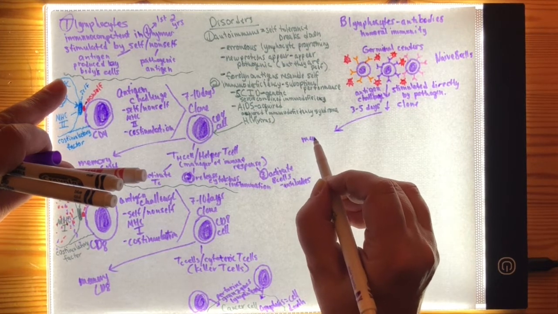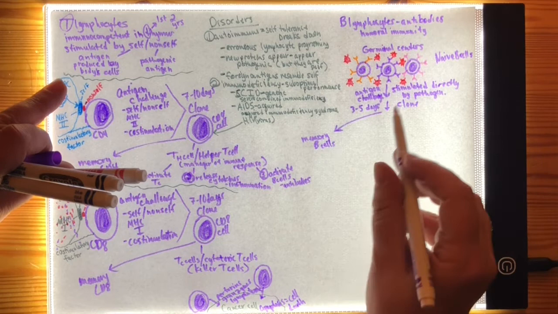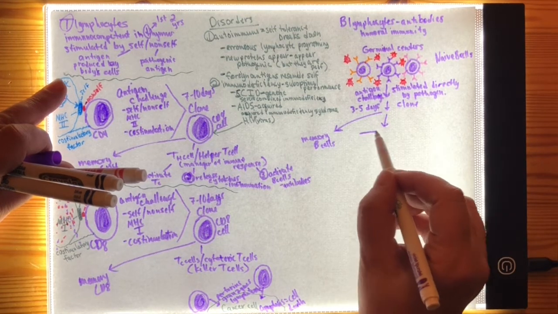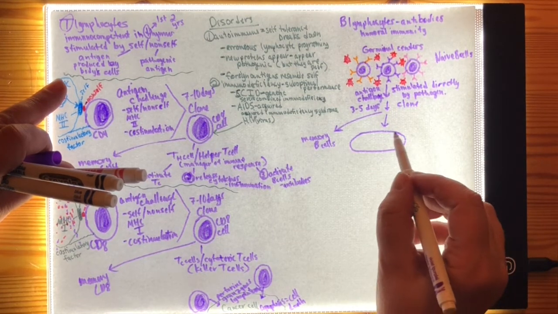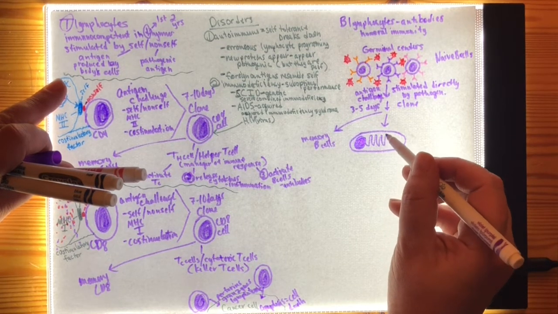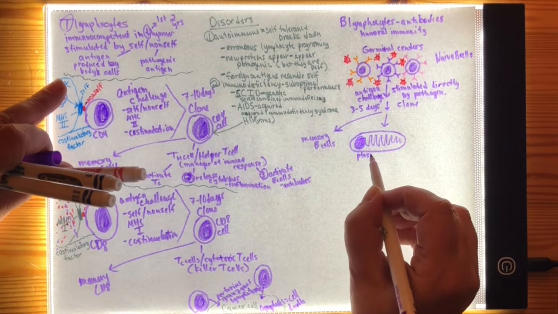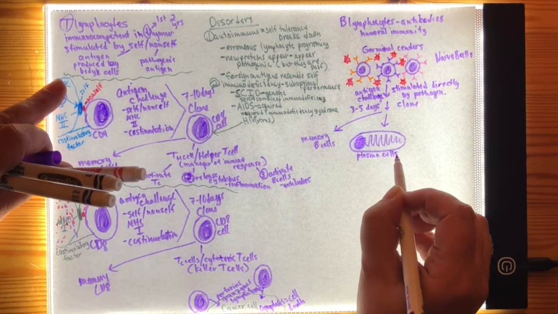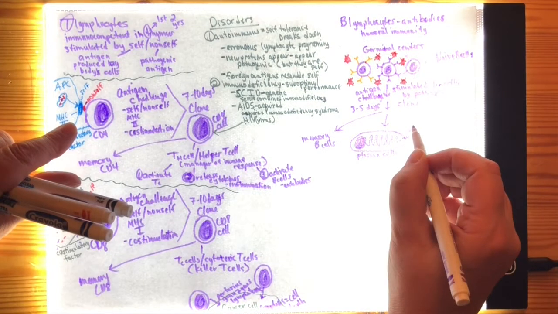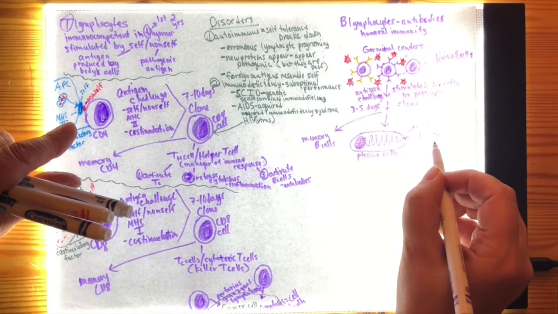Right, so when this B lymphocyte clones, of course, it's going to make some memory B cells that are going to be tucked away and try to recognize the same pathogen in the future. But it's also going to clone into plasma cells. Plasma cells are big old cells, and we go ahead and draw the cellular content to remind you that these guys are going to be manufacturing massive amounts of protein, so those organelles are important for that. So this is a plasma cell, one of our larger cells.